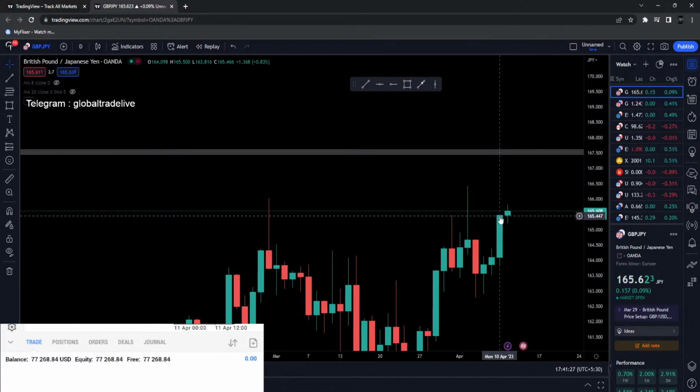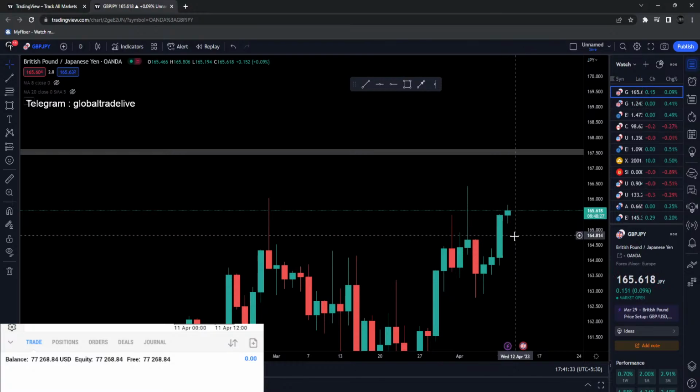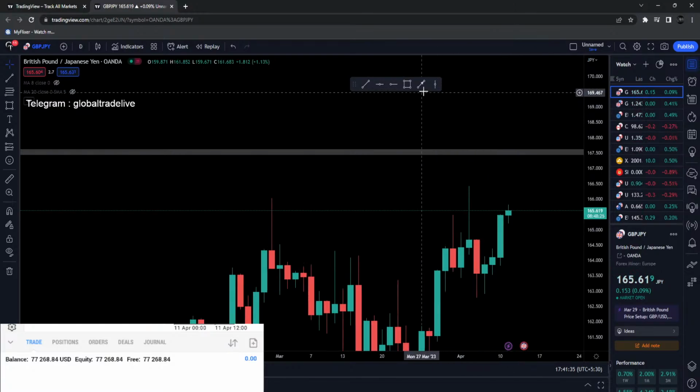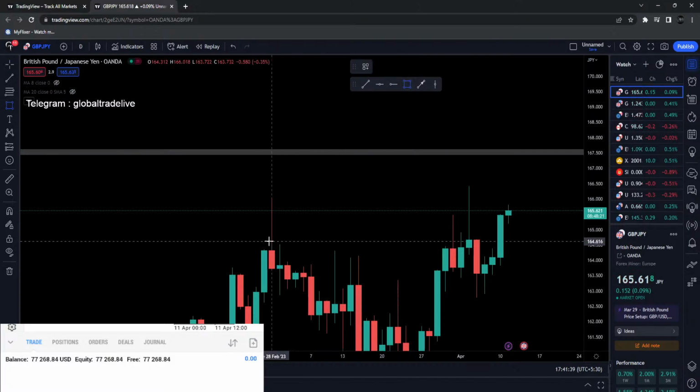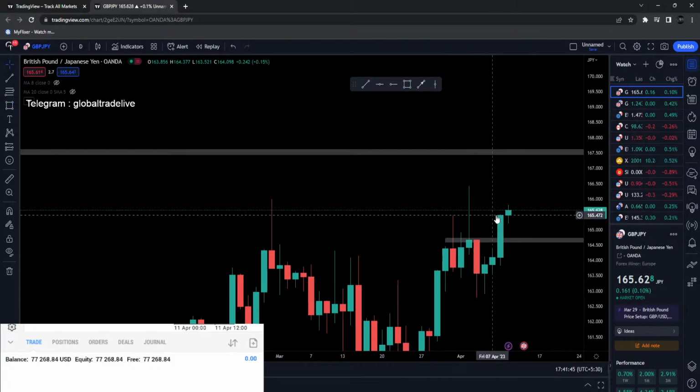That clearly means that whenever this kind of thing happens, the chances of going up and down are 50-50. So you really cannot be very sure how today's candle is going to perform, because it can possibly reject, it can possibly go up, anything can happen since the previous candle closed with no wick.